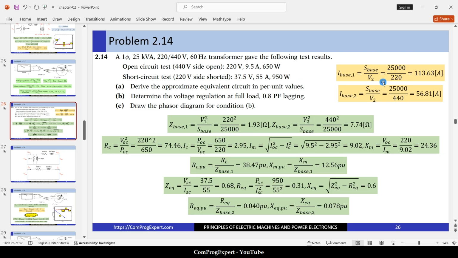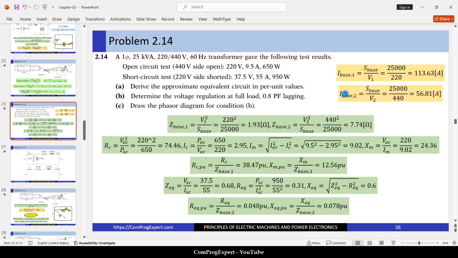So here we can calculate the base value for the current of the primary side, that is S base divided by V1, a typo error here. So this is I base 1, S base divided by V1, that is 220, that is equal to this number.